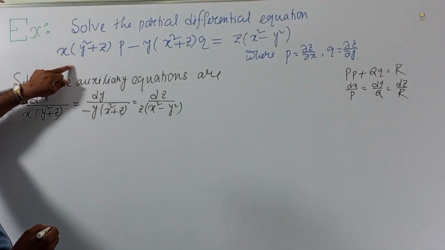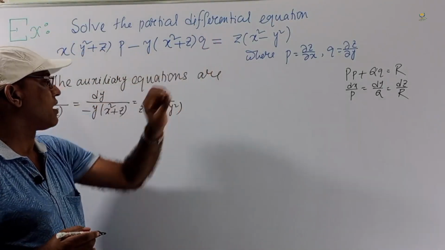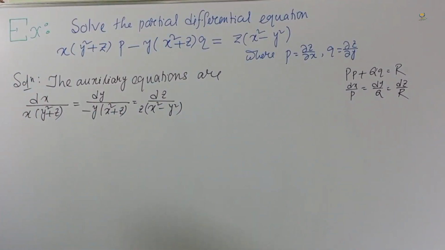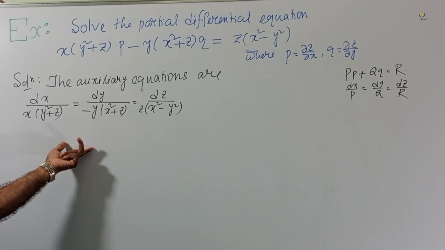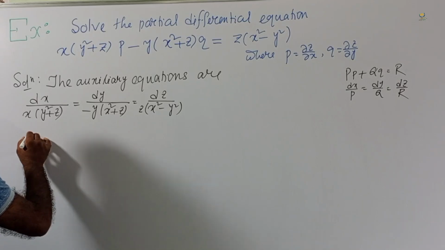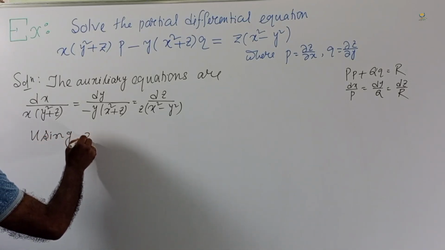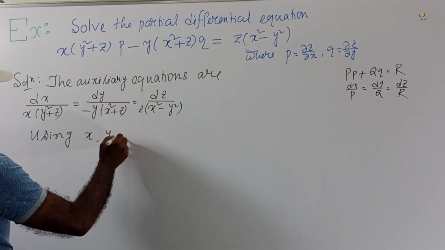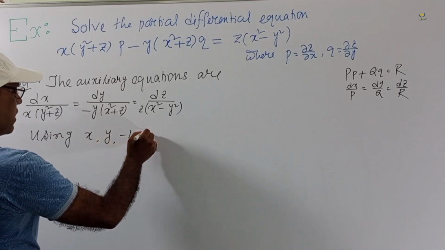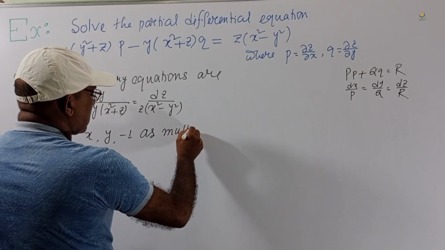Here P means this one, capital Q is minus y into this, and this one R. We write this. So we take multipliers. So we get this, using x, y, minus 1 as multipliers.